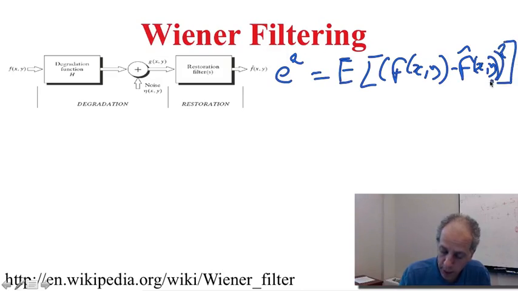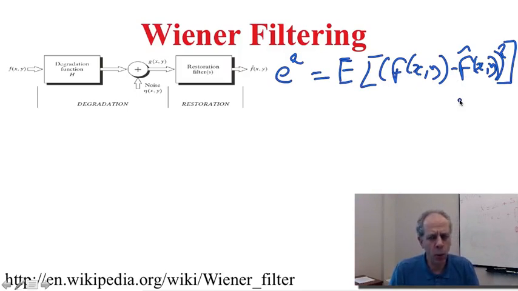We have to square it, and here it is. So it's the expectation of the square of the error. Now you may wonder, but I don't know the original signal. That's the whole point of doing restoration. It's just getting back to something which is like the original signal without knowing it. But we have an expectation here, so we don't need to know the original signal. We just need to know some statistical characterization of the original signal.